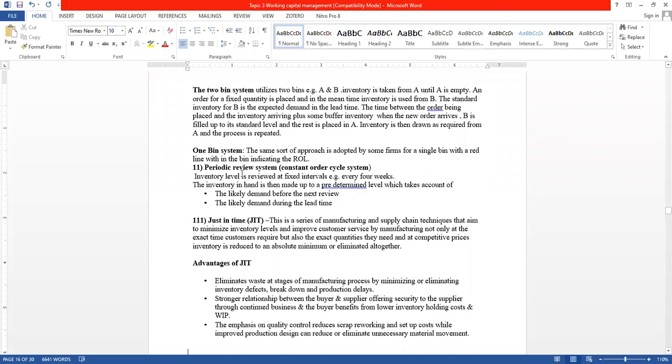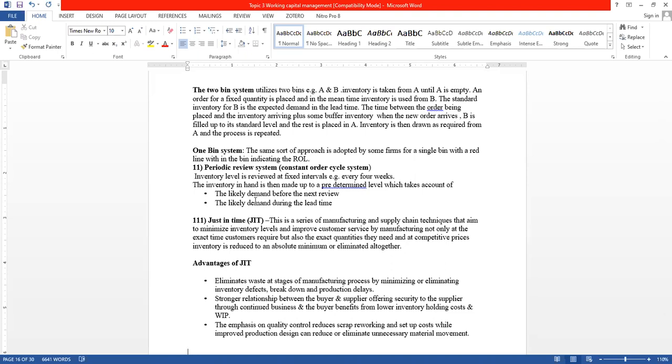And of course, with this, the inventory level is reviewed at fixed intervals, maybe every 4 weeks or maybe 3 weeks, depending on the nature of the organization and of course, how inventory is consumed, okay? So the inventory in hand is then made up to a predetermined level, which takes into account the likely demand before the next review, and then the likely demand during the lead time.